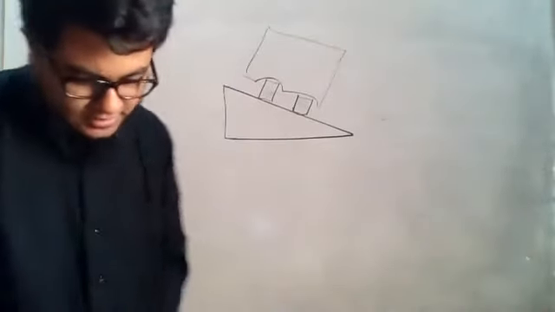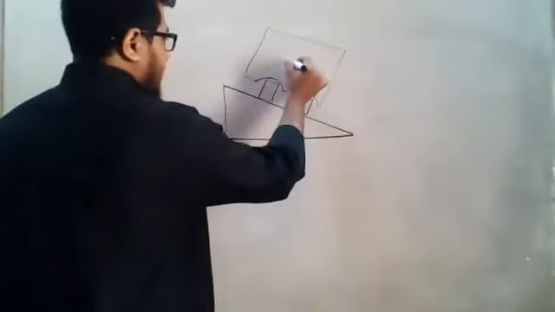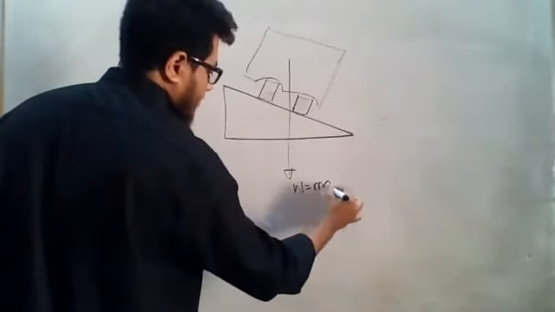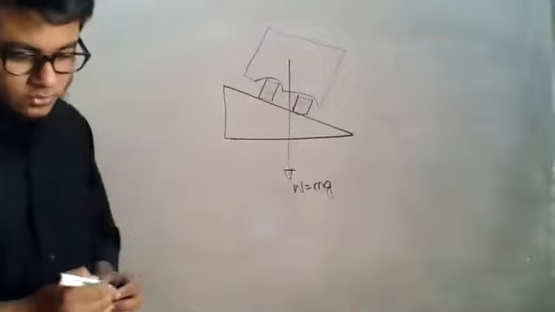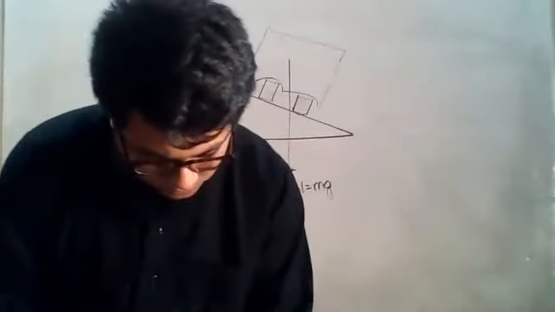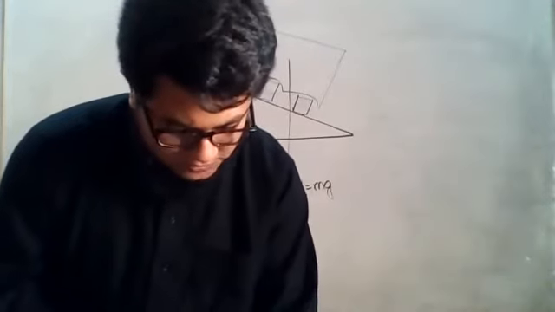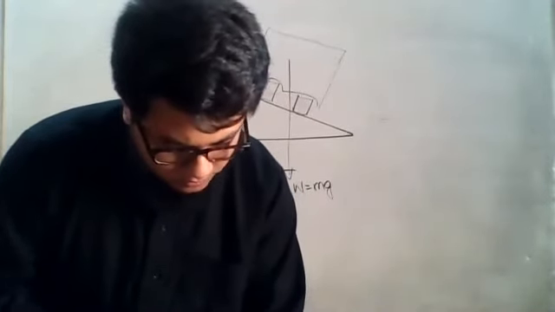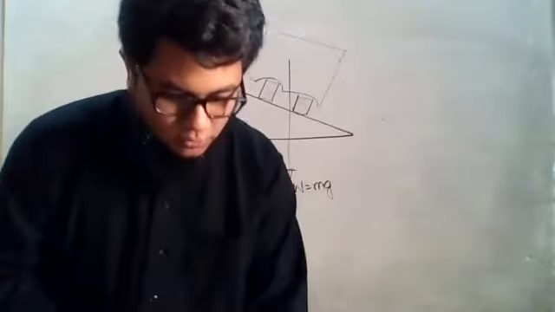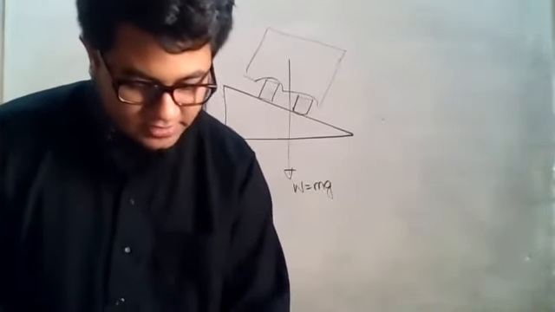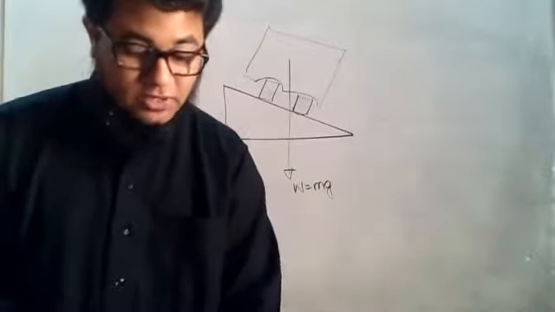Now, the weight is acting vertically downward. So from here, I will show the weight W acting in the vertically downward direction. And there will be a reaction force, that is Fn, acting on the vehicle perpendicular to the road.